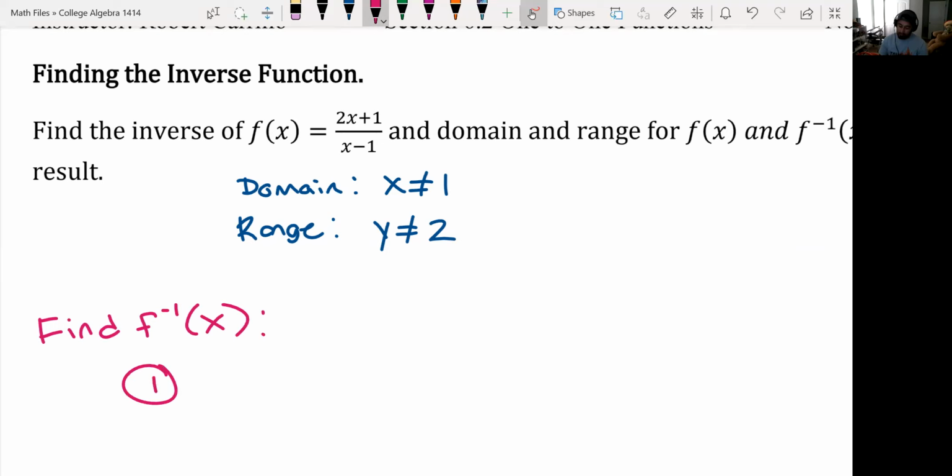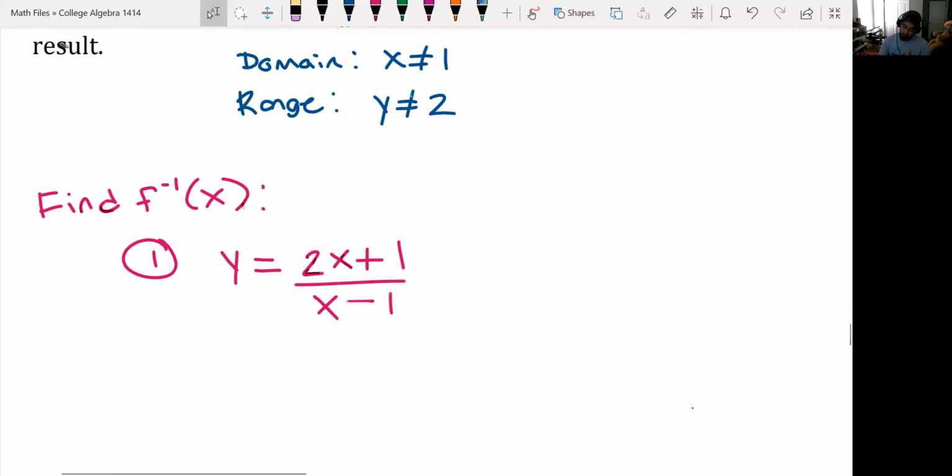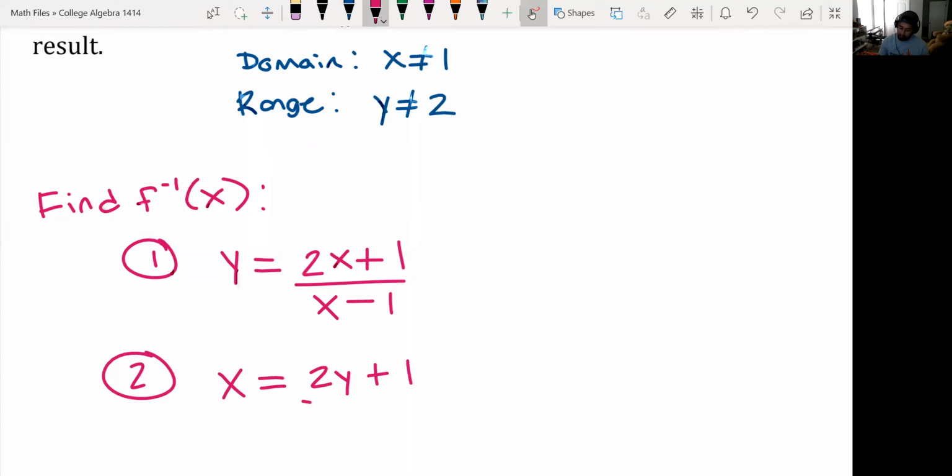Step 1, change it into y equals 2x plus 1 over x minus 1. Step 2, interchange. We're going to make it x equals 2y plus 1 over y minus 1. This is the interchange part.